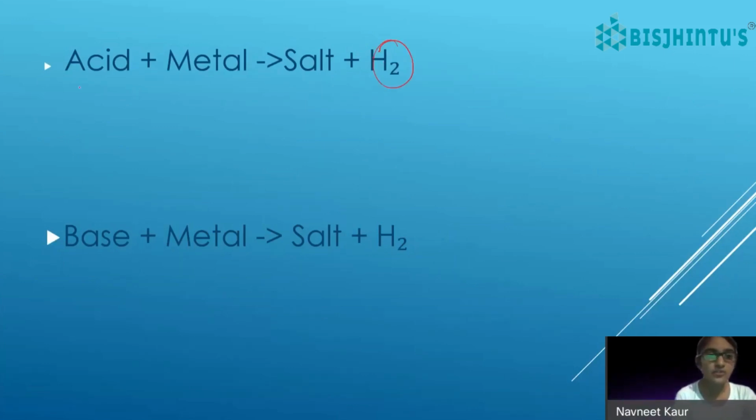So the first property we are studying is evolution of hydrogen gas. In this reaction we can see that acid when reacting with metal leads to the formation of salt and hydrogen gas. The same is the case with base: base reacts with metal and leads to the formation of salt plus hydrogen gas. These are very general reactions.